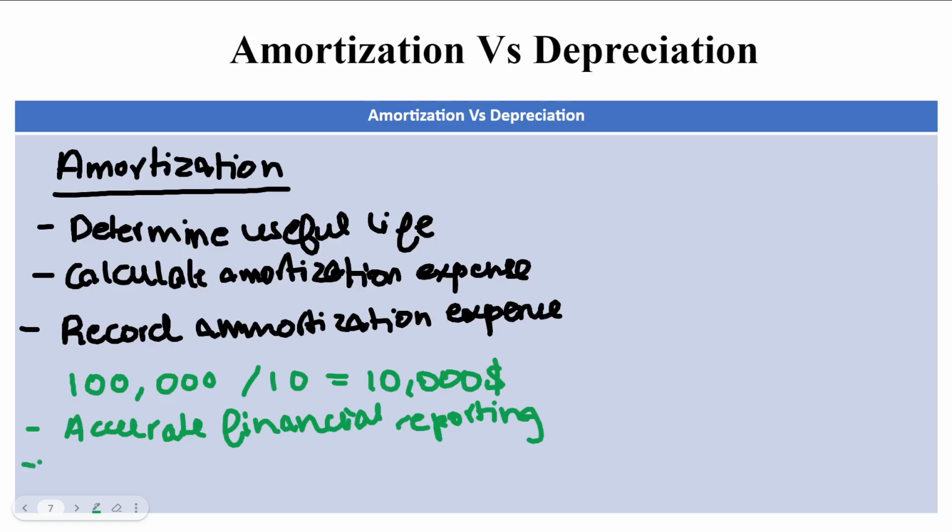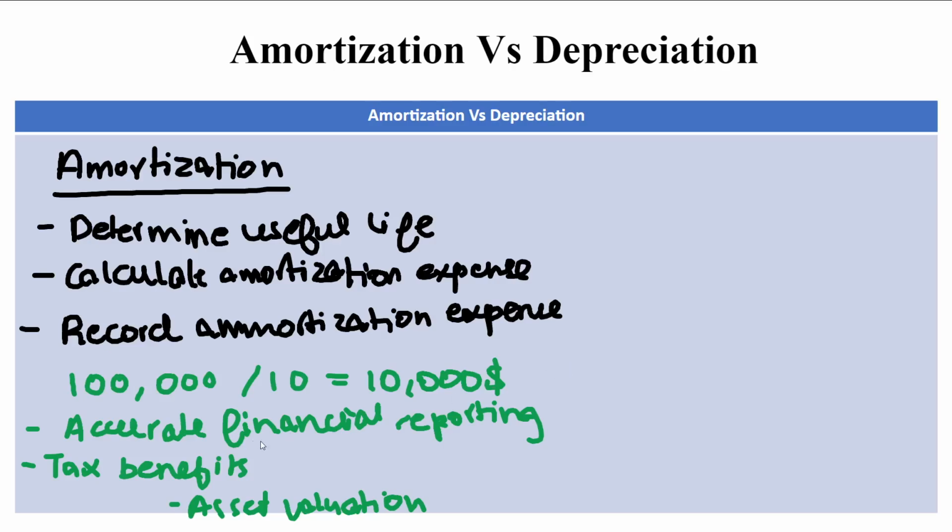Then we have tax benefits. Amortization expenses reduce taxable income, leading to lower tax liabilities. And lastly, we have asset valuation. It helps in determining the fair value of intangible assets on the balance sheet.